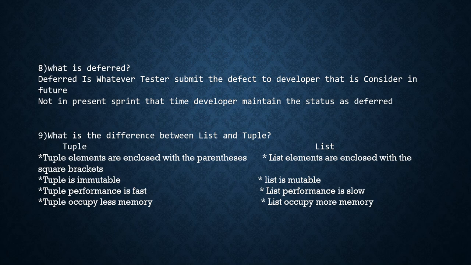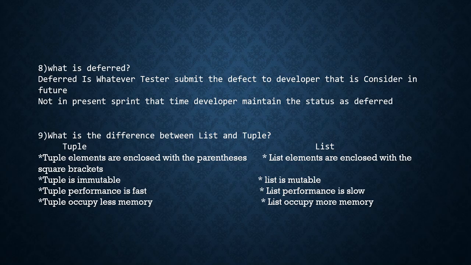Whatever bug or defect we raise that is valid but is not considered in the present, the developer puts the status as deferred. This is called deferred.